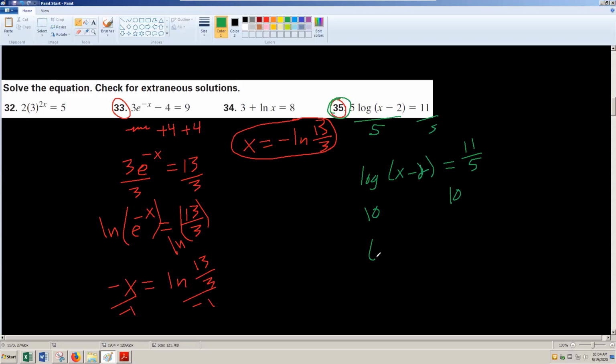So on the left side, I'm going to get x minus 2, equals 10 to the 11/5. Now I'm just going to say, plus 2 on both sides. So now I get x equals 2 plus 10 to the 11/5. When I plug it back in, it works, and I'm good to go.